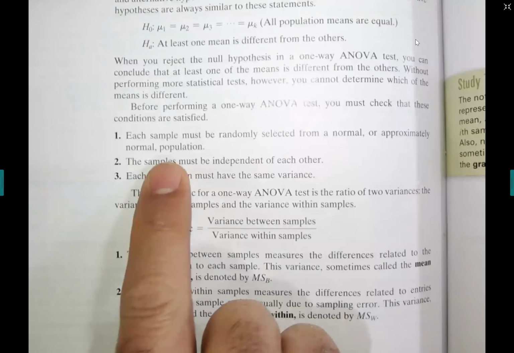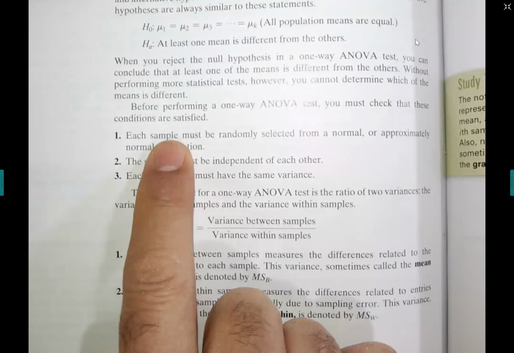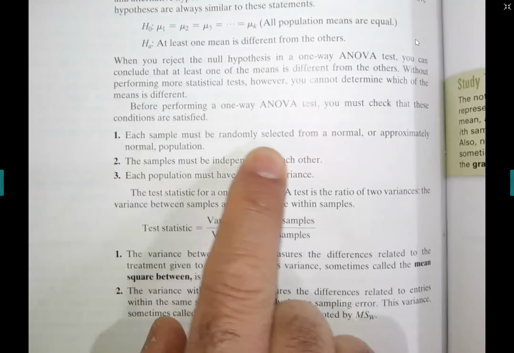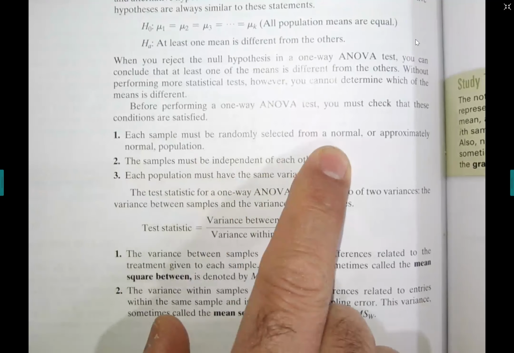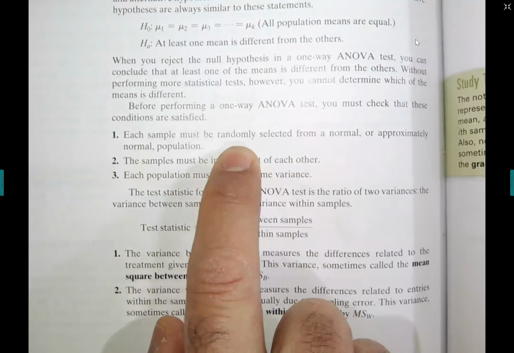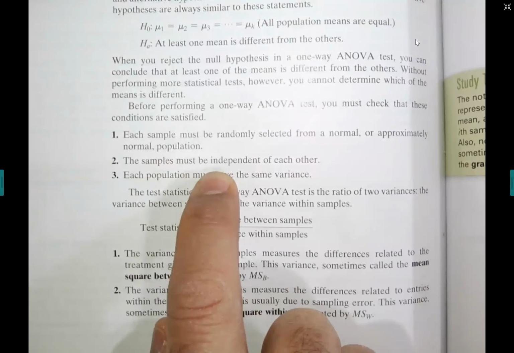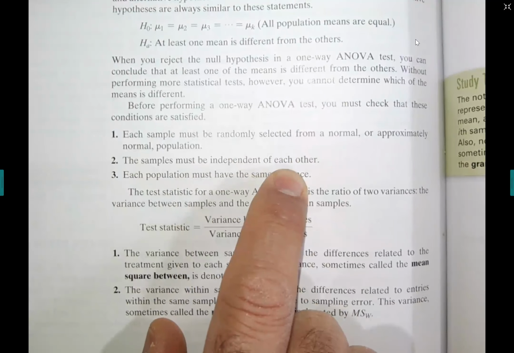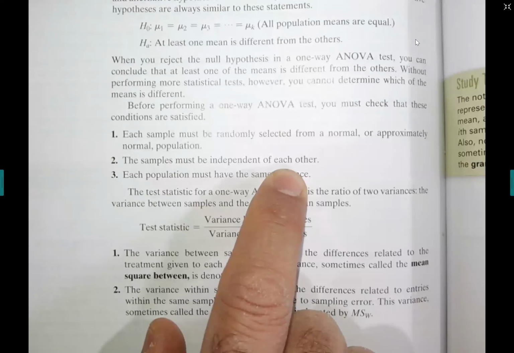These are the conditions of the test, which don't worry about. When we ask you to do it, then the conditions are met. Each sample must be randomly selected from a normal or approximately normal population. See how important it is for the samples to be random. The samples must be independent of each other. So one mean comes from a sample, the other mean comes from a different sample that they are not related at all.